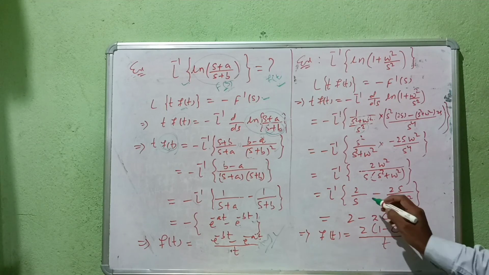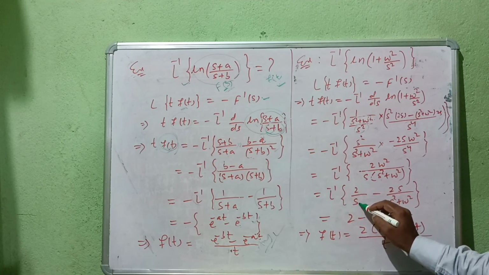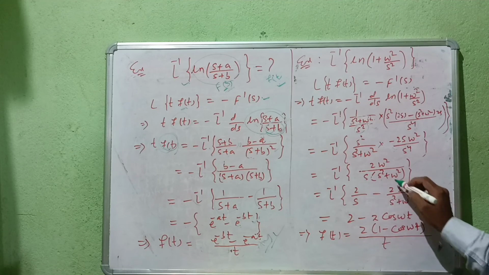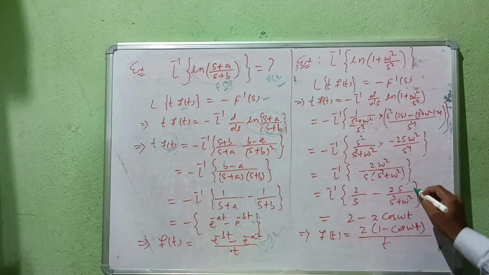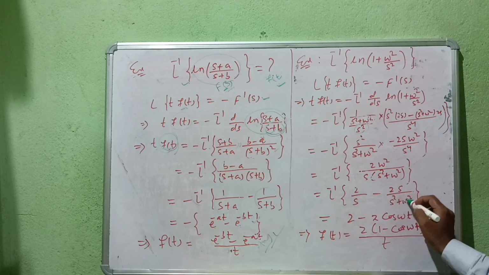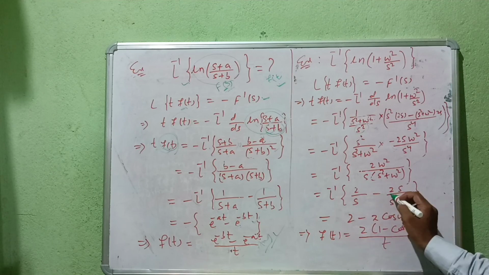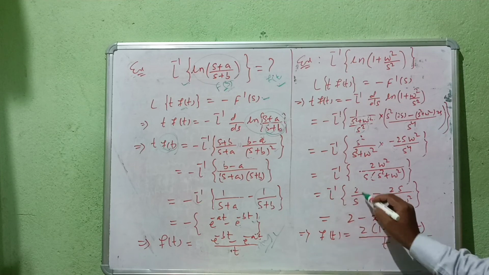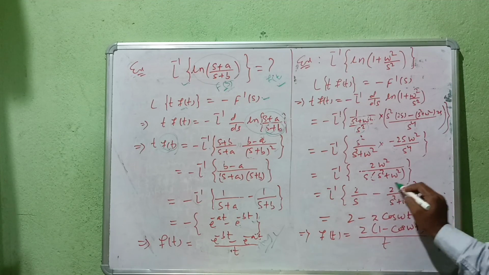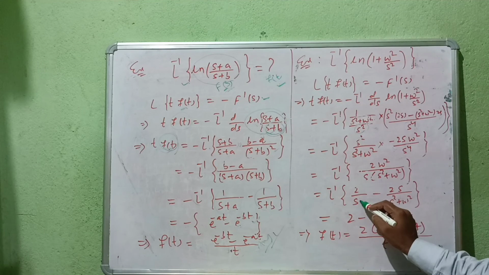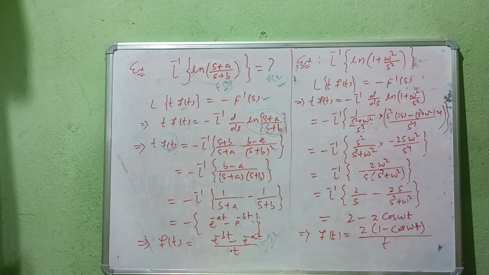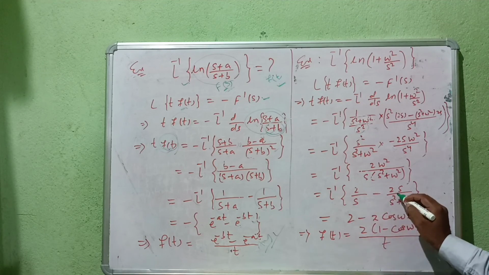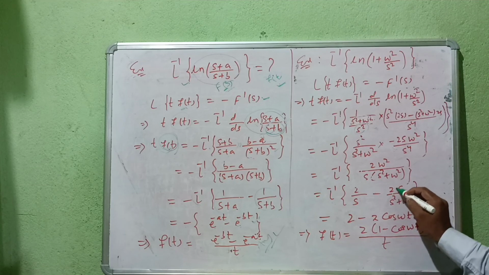Okay. So therefore, the Laplace inverse of 2 by s minus 2s by (s square plus omega square), for this term we can write like this. Because it is minus, using the linearity principle of Laplace inverse we can find the Laplace inverse of 2 by s and the Laplace inverse of the other term separately. The Laplace inverse of 2 by s is 2 only, and minus 2 into s by (s square plus omega square).